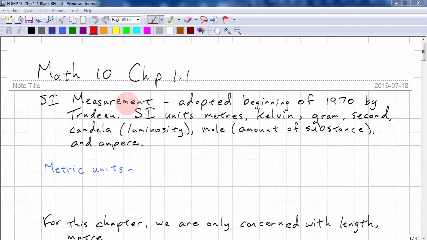From the SI measurements, we use metric units, which makes conversion to larger or smaller units easier, i.e. by powers of 10.